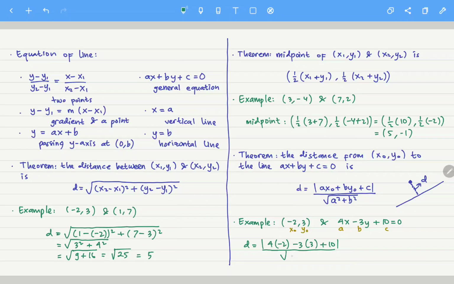A is 4, b is minus 3, so this is 4 squared plus (minus 3) squared. If you calculate, the numerator will be equal to 15 and the denominator will be equal to 5, so this is equal to 3. So the distance from the point to the line is equal to 3.